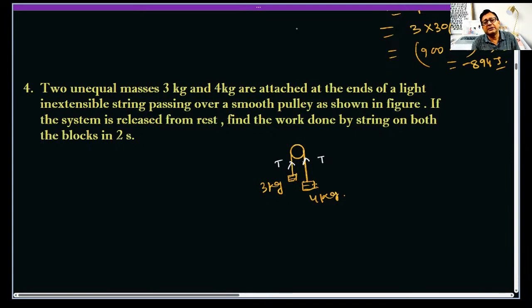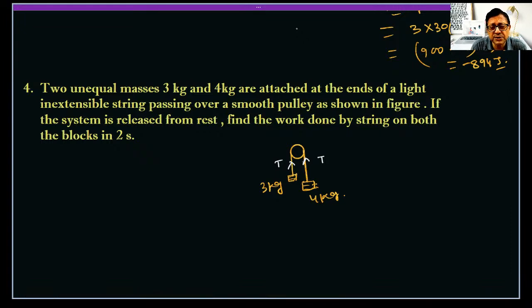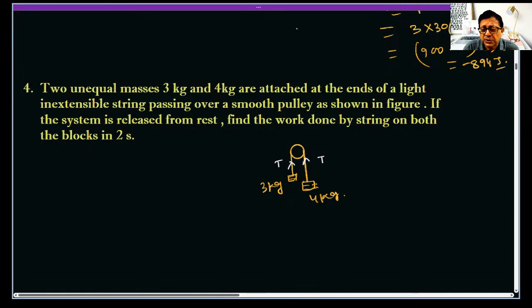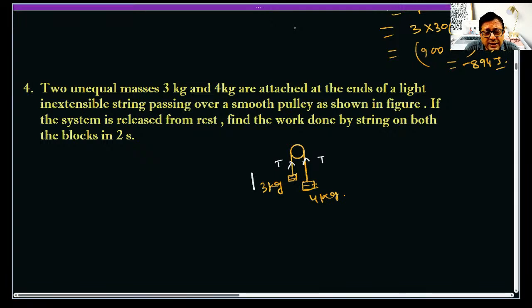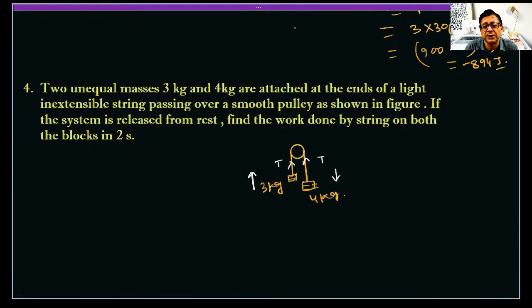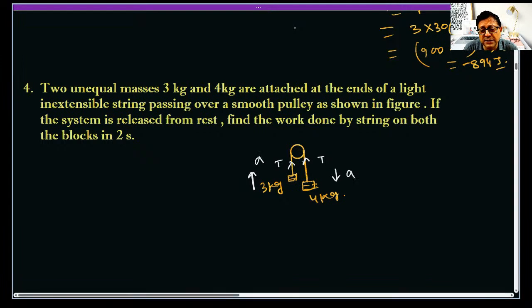This concept was already explained in Newtonian mechanics. This is 4 kg and this one 3 kg. So tension will help the 3 kg to move up because its weight is less, and tension will oppose the 4 kg moving downward. Whatever acceleration there is upward, the same acceleration will be there downward.